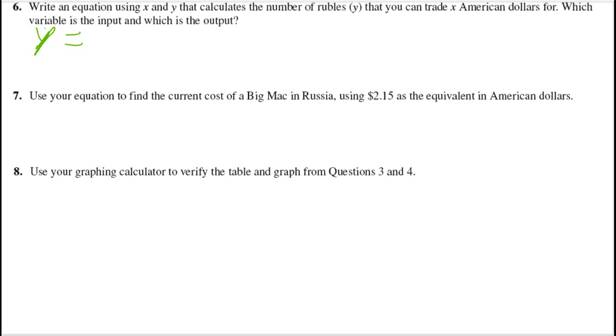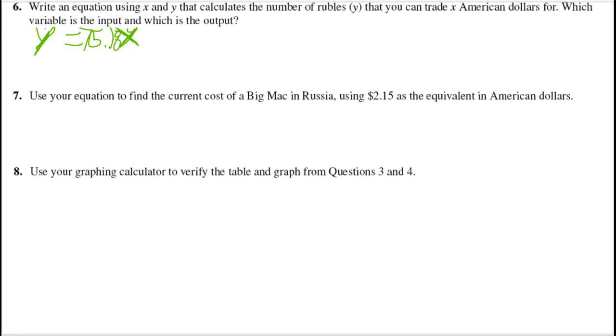We're starting with a number of dollars. And if we go back to how we write equations, we multiply x times the slope of the line. And then we add the y-intercept, which in this case was 0, because if we exchange $0, they're going to give us 0 rubles.